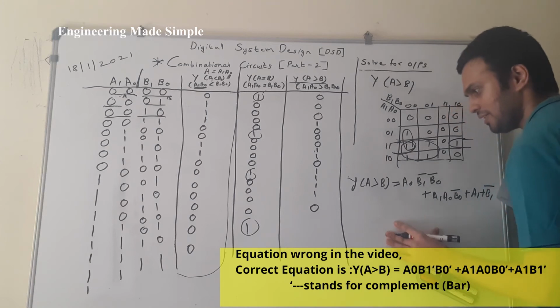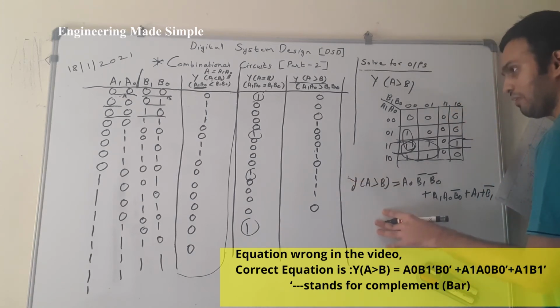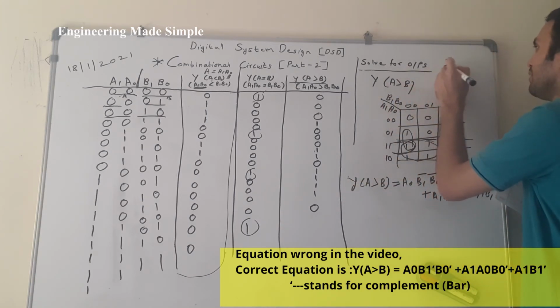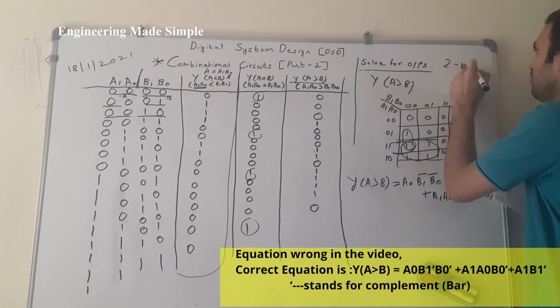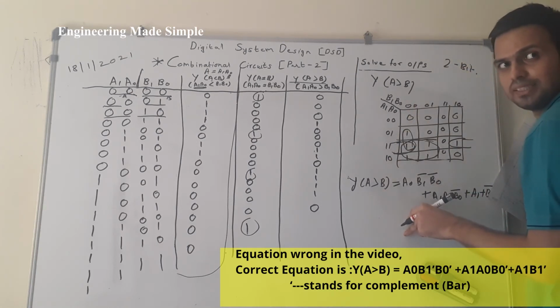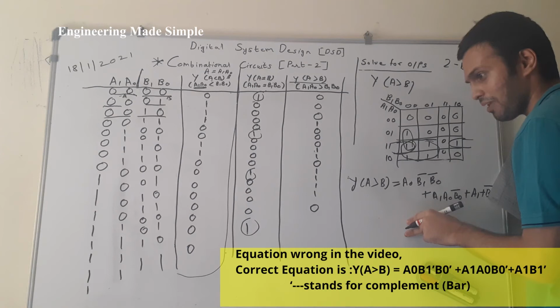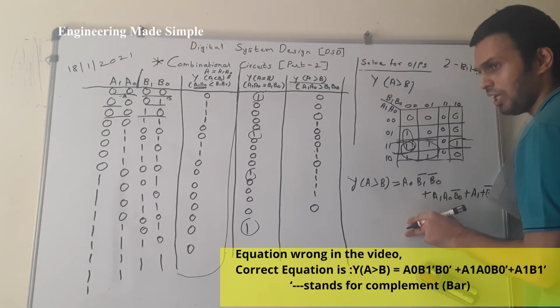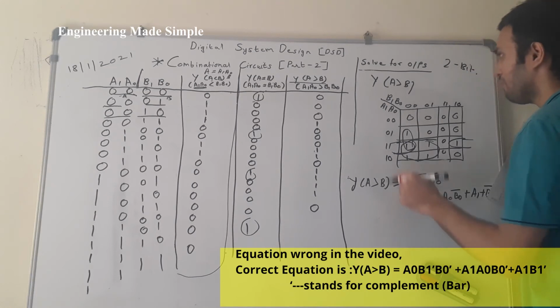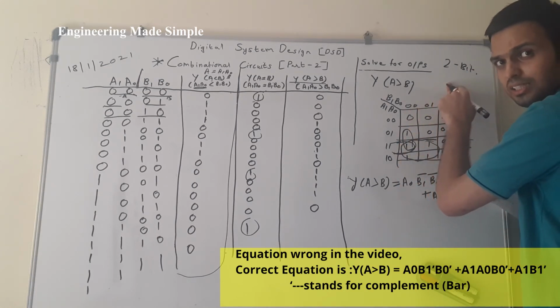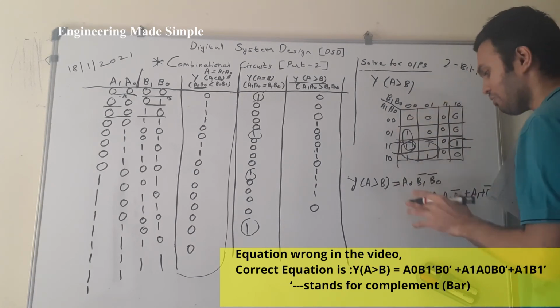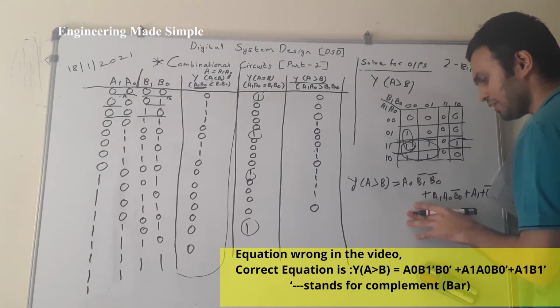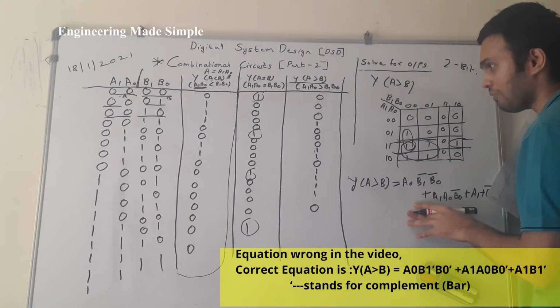Now these 3 system equations for 3 outputs are nothing but your final 2-bit comparator circuit. You can implement this circuit using basic gates. Whenever I say implement the circuit using basic gates, you have to draw the circuit diagram using AND, OR and NOT gates. Whenever I say implement it using NAND logic, you have to manipulate this equation into NAND logic form and then implement the circuit using only NAND gates.